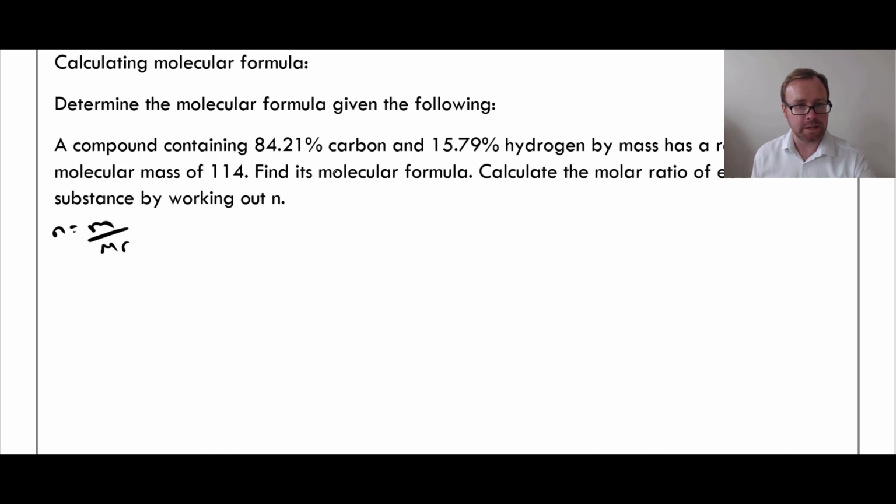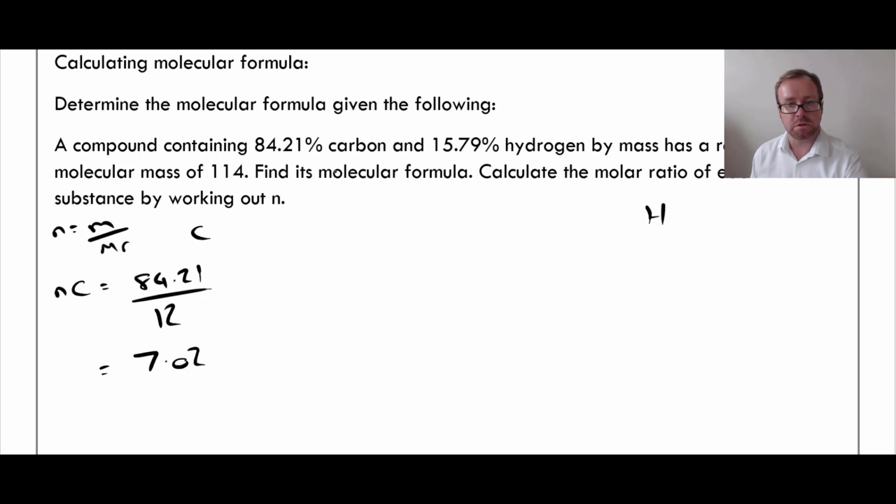And then I'm going to split it into carbon and hydrogen. So my number of moles of carbon is equal to 84.21, because I've said that 100% is equal to 100 grams, divided by 12, which gives me a value of 7.02.